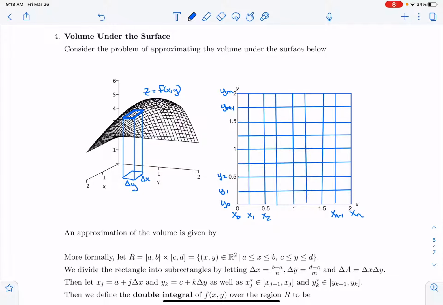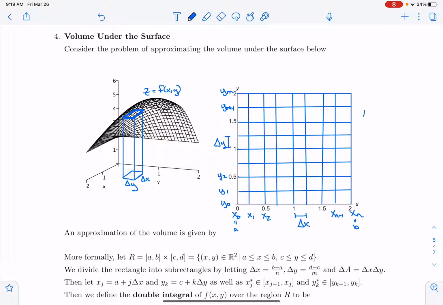The width of these squares would be delta x, and the heights of these squares would be delta y.